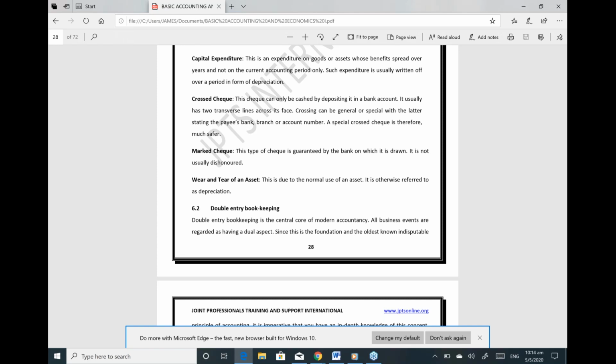Then we look at crossed cheque. This cheque can only be cashed by depositing it in a bank. It usually has two transverse lines across its face. Crossing can be general or special, with the latter stating the payee bank's branch or account number. A special crossed cheque is therefore much safer. Maybe you would have seen it has two lines on it, but you can open a crossed cheque by signing on the inside.